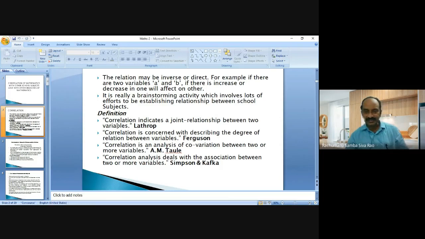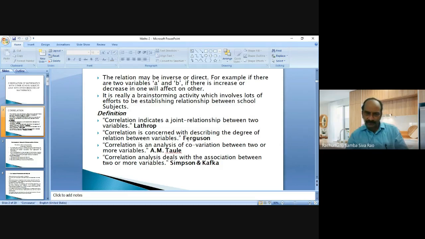This definition was given by Lathrop. Let us see another definition. Correlation is concerned with describing the degree of relation between variables. This definition was given by Ferguson.